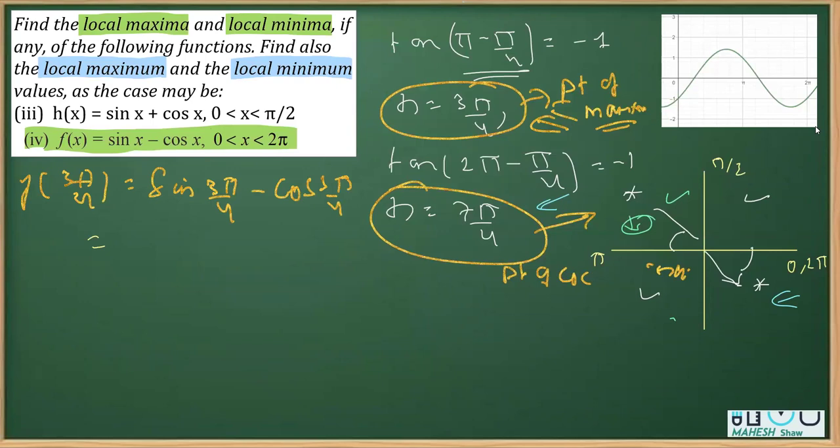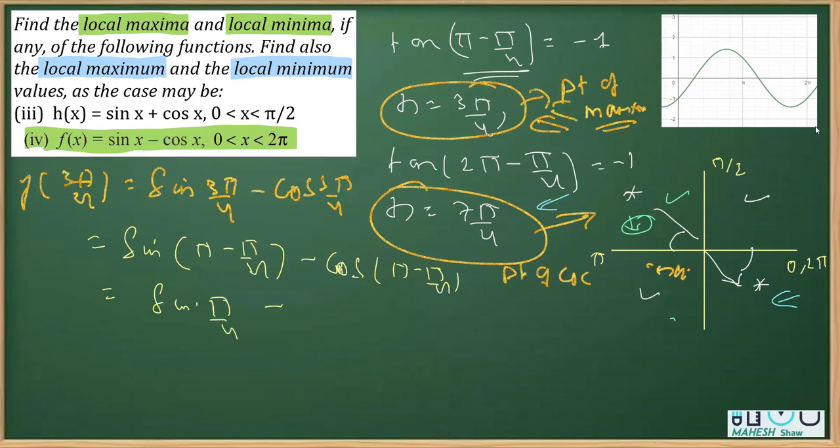Now what we have, sine 3 pi by 4, can be written as sine of pi minus pi by 4. And likewise, cos 3 pi by 4 is cos of pi minus pi by 4. This is sine pi by 4. And we know that this is second quadrant, and in the second quadrant cos is negative.